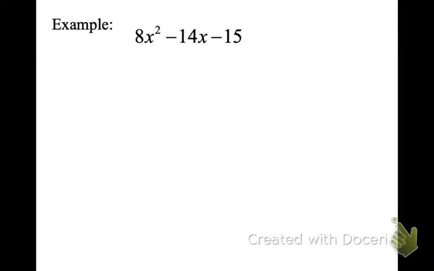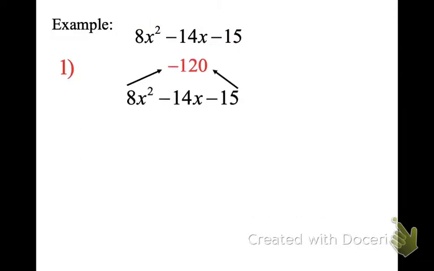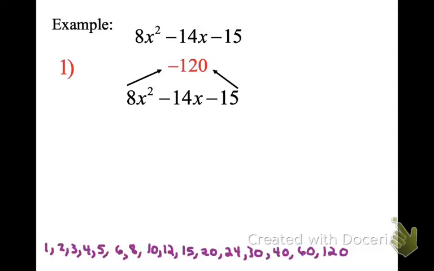All right, so the first thing we're going to do is multiply our 8 and our negative 15, because the sign goes with it, and we end up getting negative 120. Then you can either use a factor tree or guessing, or list all the factors of negative 120 and combine them.